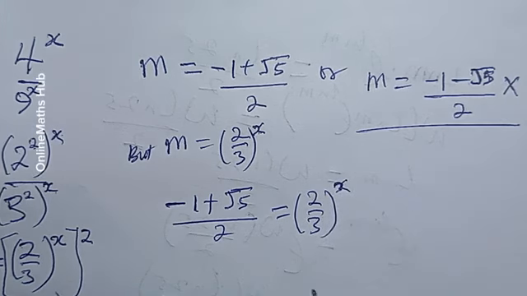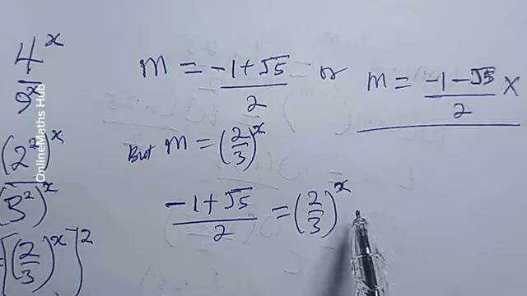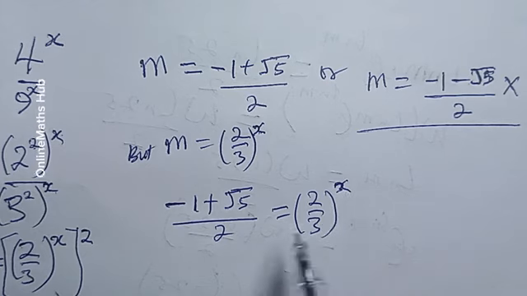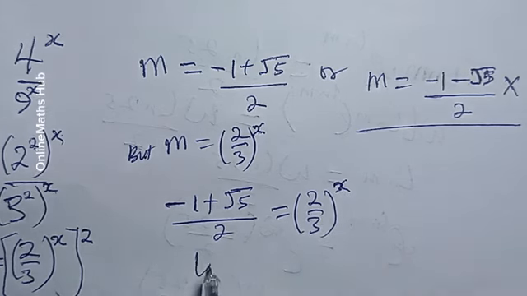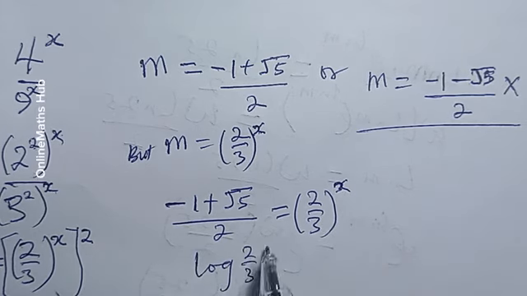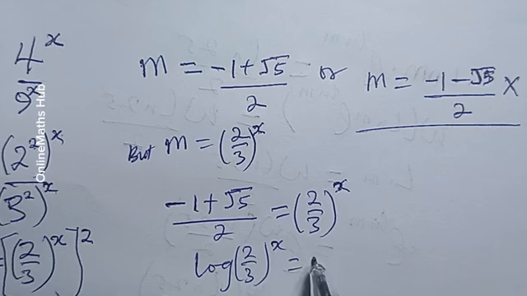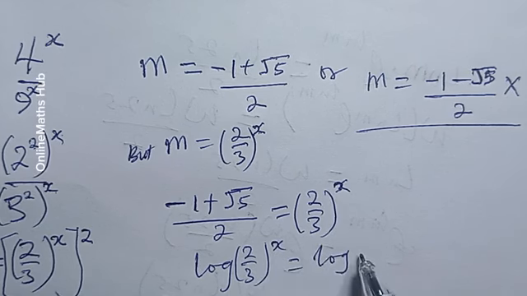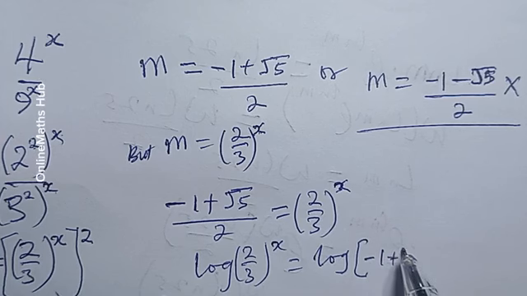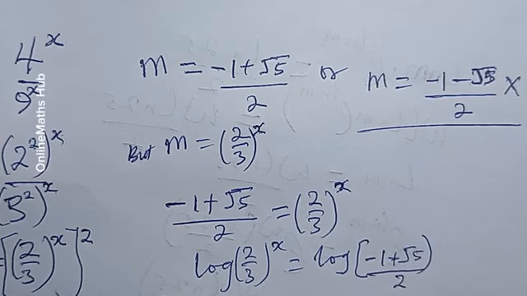So at this point we just go ahead to take the log of both sides, so that log of 2 over 3 all raised to power x is equal to log of negative 1 plus root 5, and of course divided by 2.